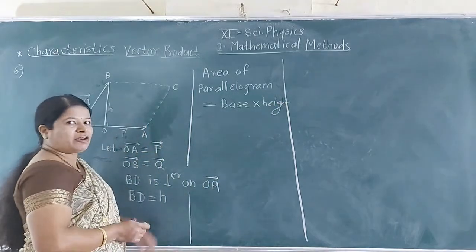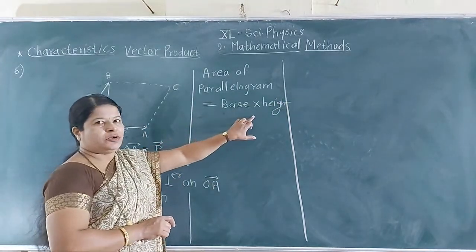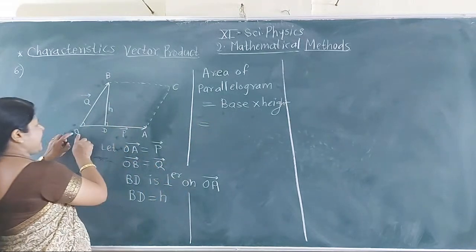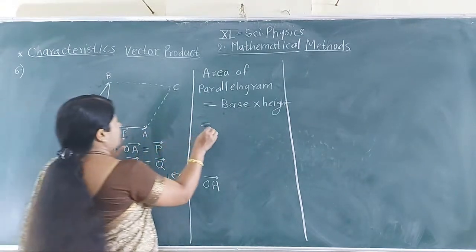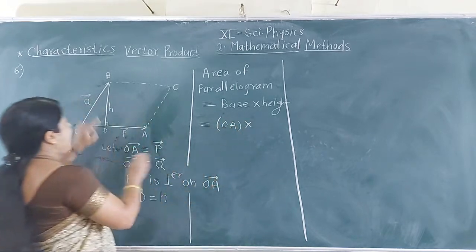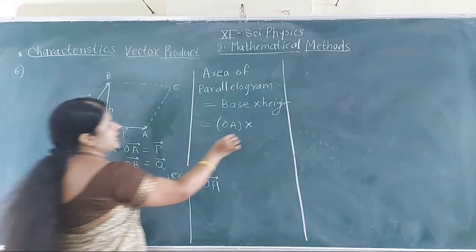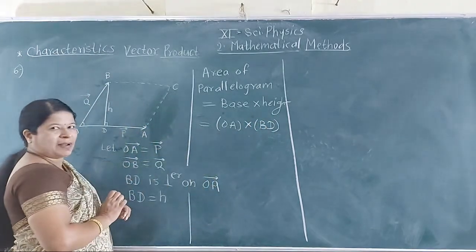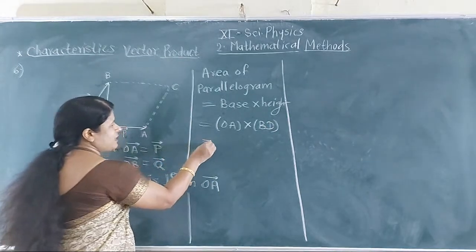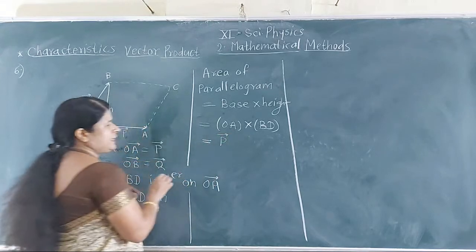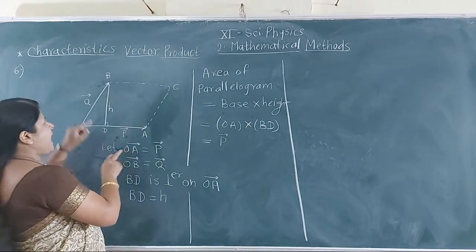What is the area of the parallelogram? Base into height, which is equal to base, that means OA, multiplied by height, that means side BD. OA multiplied by BD. We know that vector OA is equal to vector P.